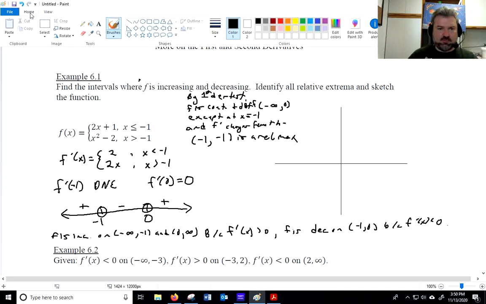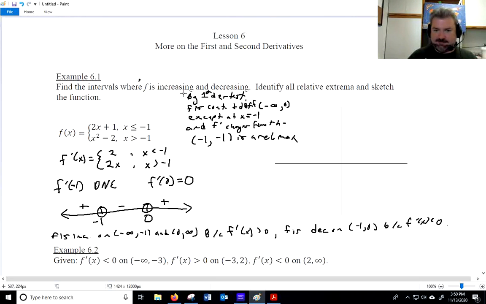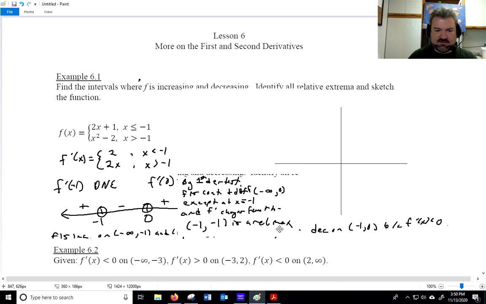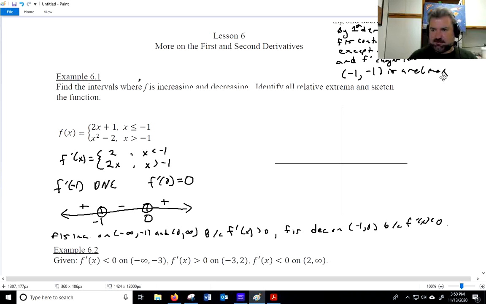And I need a little bit more room here, so I'm going to, it's hard to write super small sometimes. So I'm just going to put that over here.